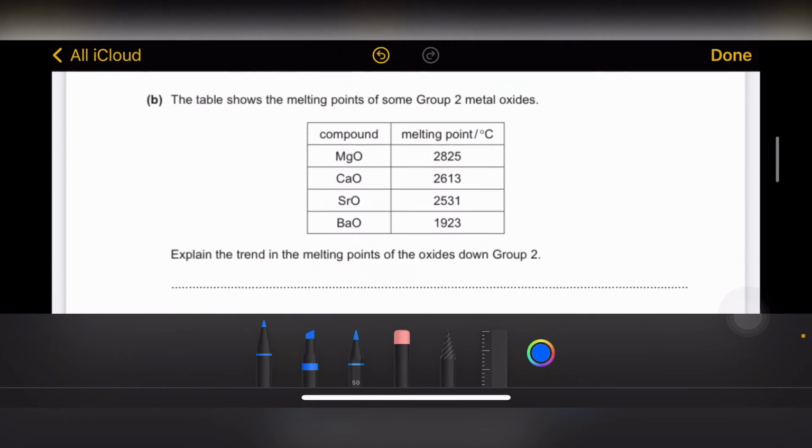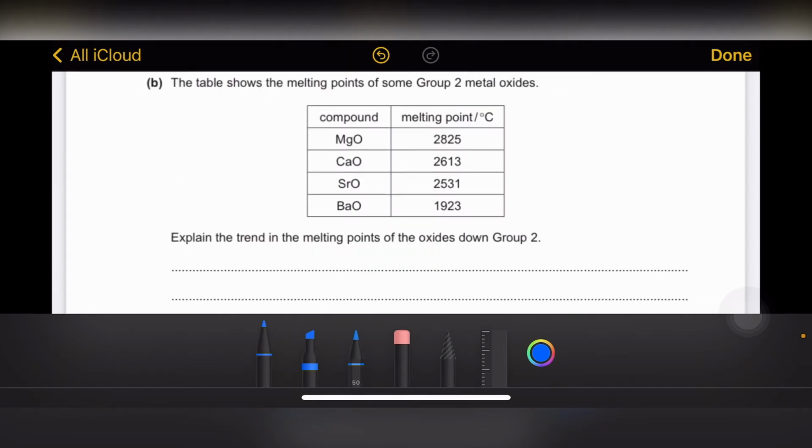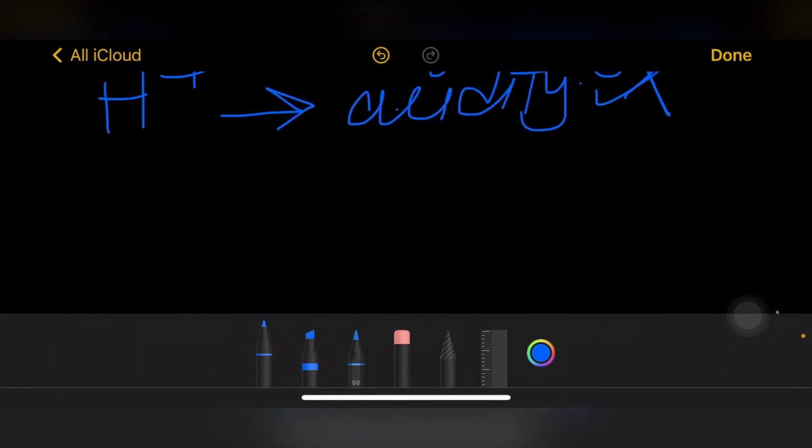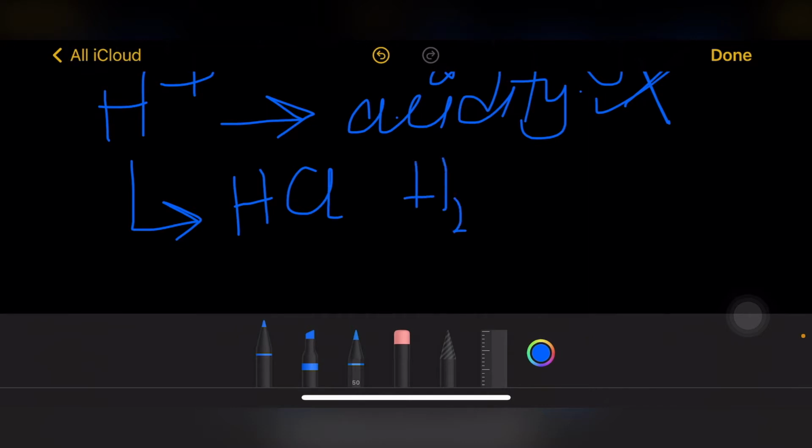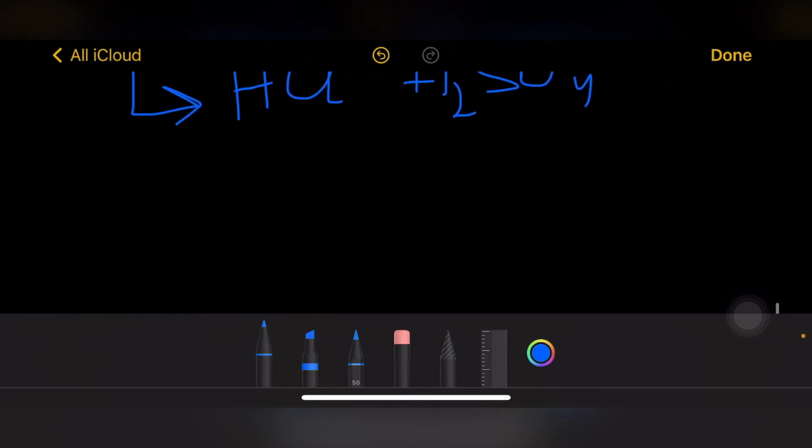I can give you a reference too because of this question, that H positive shows acidity because we usually have H positive ions in acids. For example, the main example would be HCl, H2SO4. These are two basic examples.